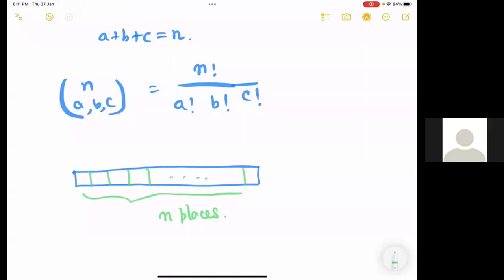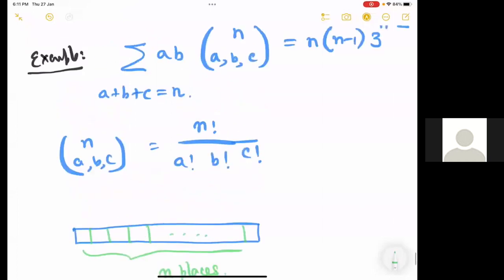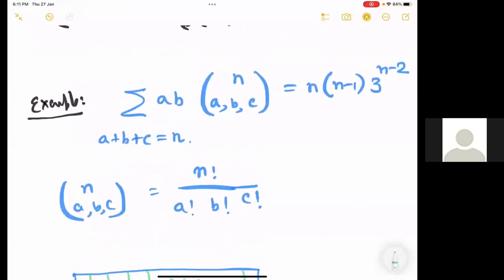Sir, is the right side all possible ways of representing a number in base 3 with at least one 1 and one 0? All possible numbers in base 3 with one 1 and one 0. Right.